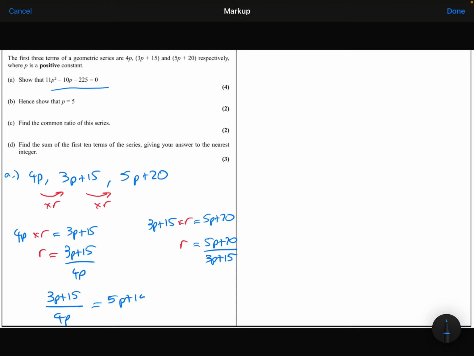And then I've got an equation to solve where I'm going to cross multiply. So I'll get 3p plus 15 all squared equals 4p times 5p plus 20. Expand the brackets out.